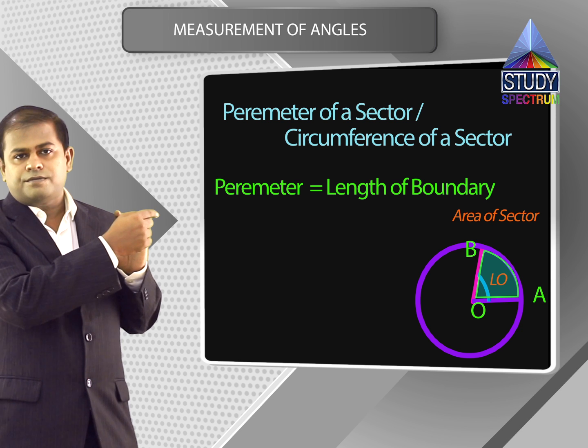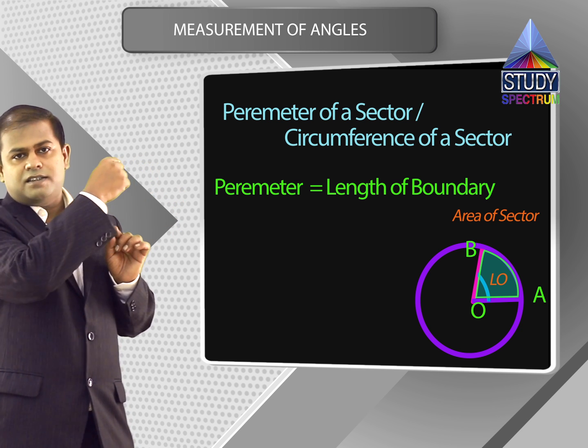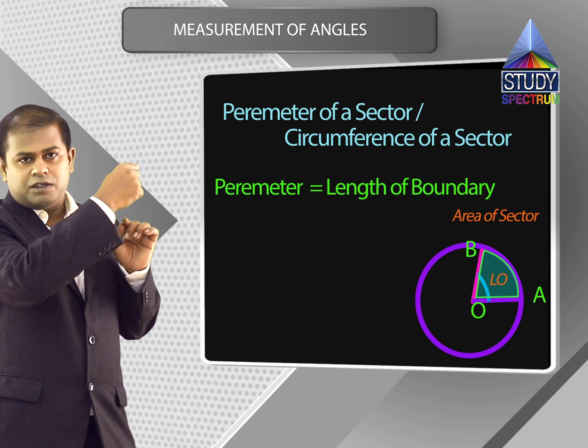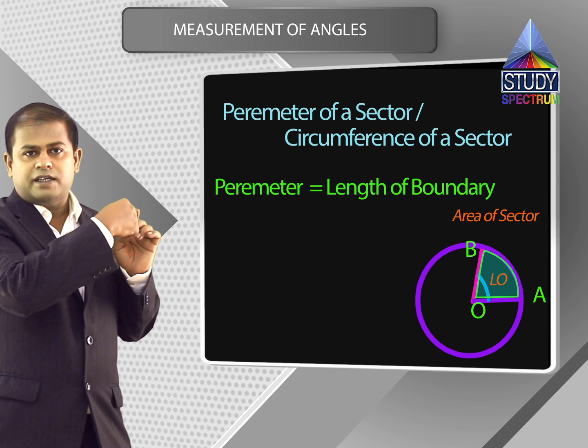So the boundary of this sector has three parts. One is OA, the length OA, then is AB, arc AB, and then OB, right?